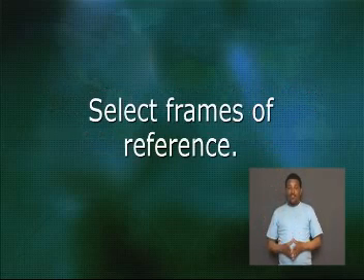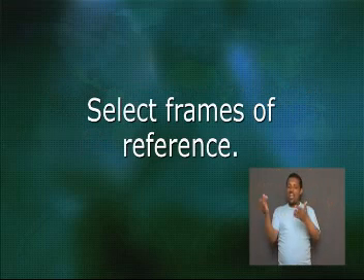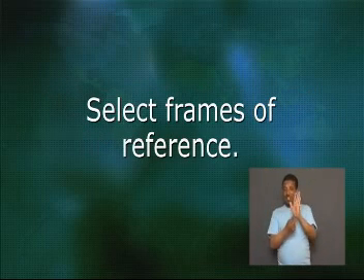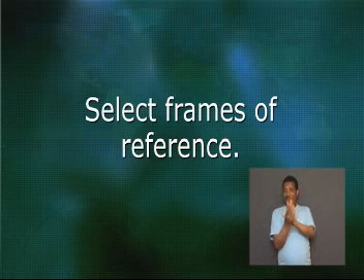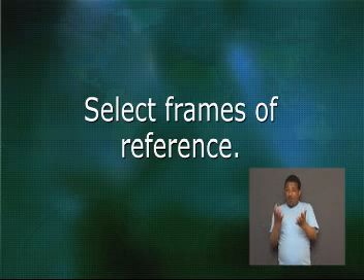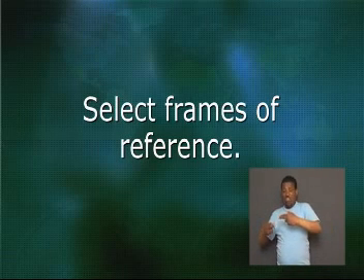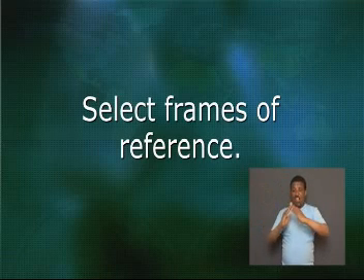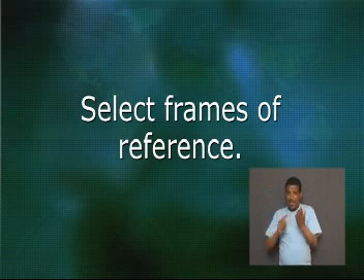Next, you must select the important frames of reference for the area. For example, you might want to sketch a village in relation to other villages, in which case the frame of reference is quite broad.